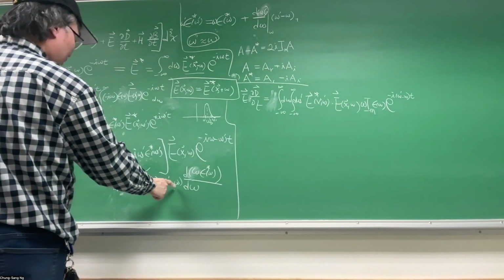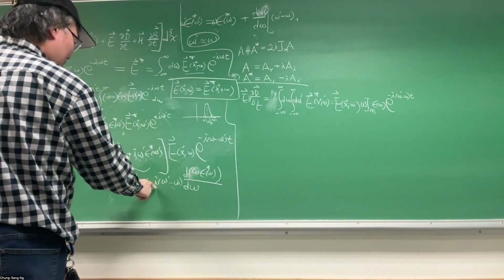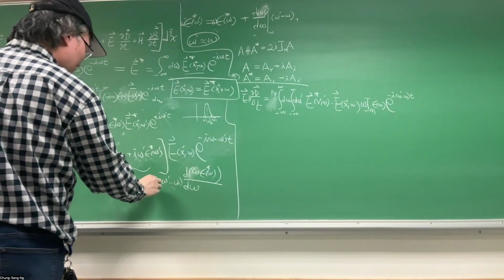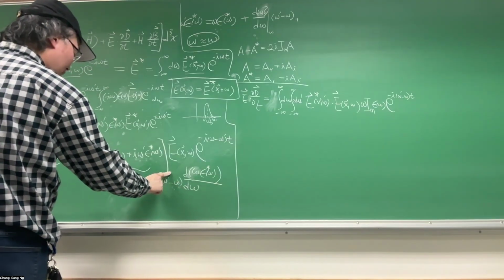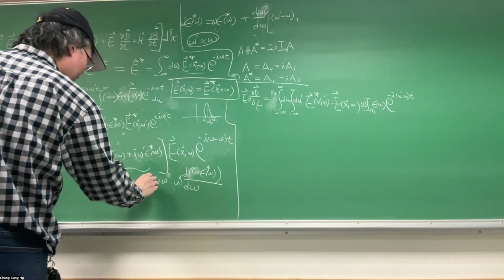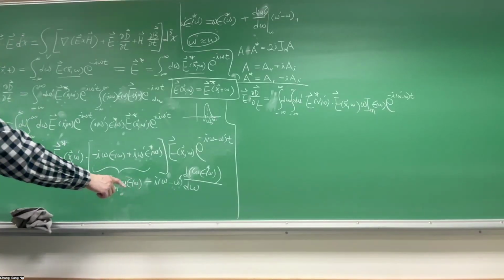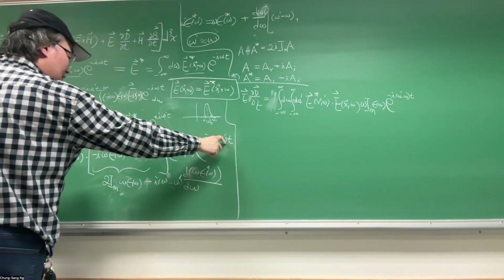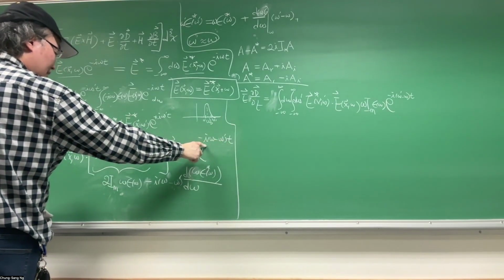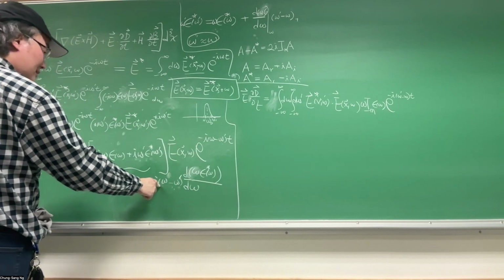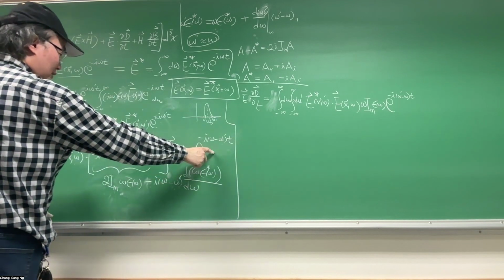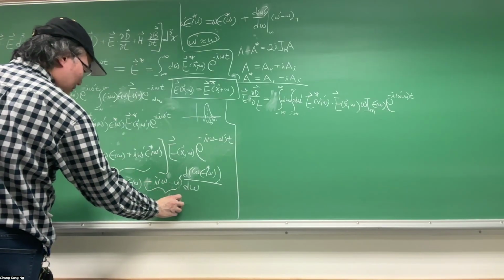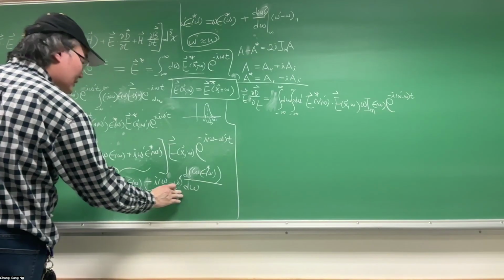Now the second term has a trick also, because you have minus i omega prime minus omega, and you can change it. This omega prime minus omega is changed to omega minus omega prime, negative sign here. You see that this is the same factor as in front of t of the exponential factor. So you can absorb this into the exponential factor by changing this t derivative.